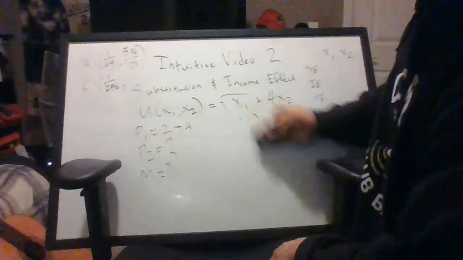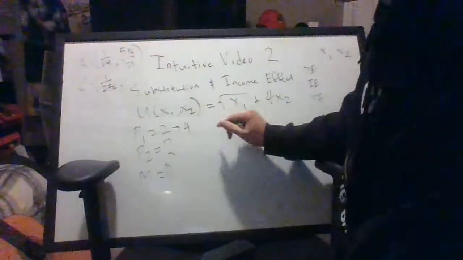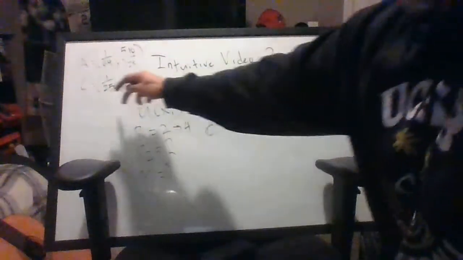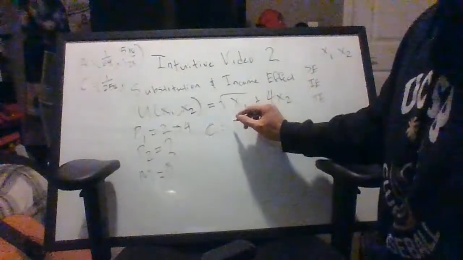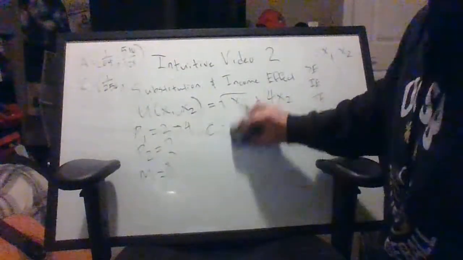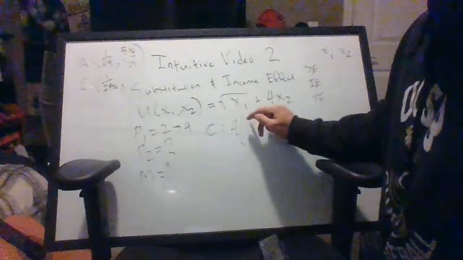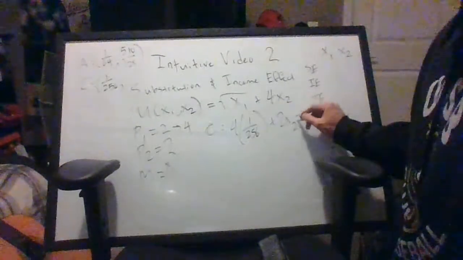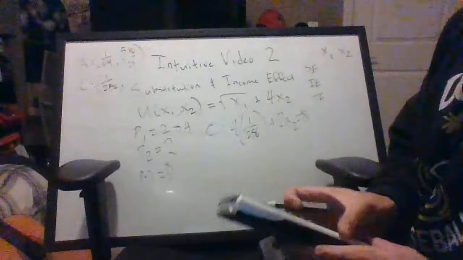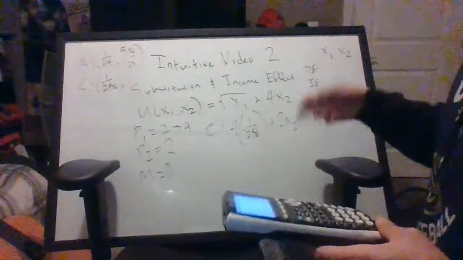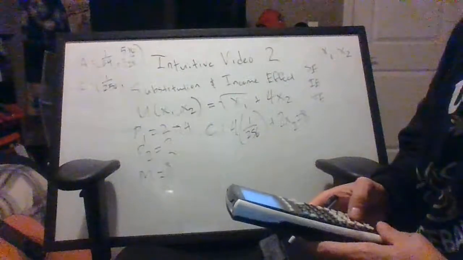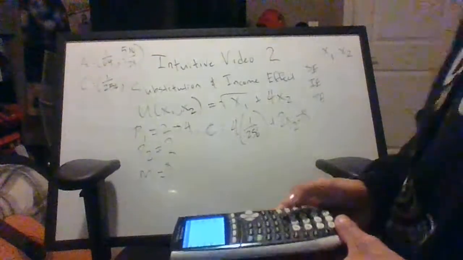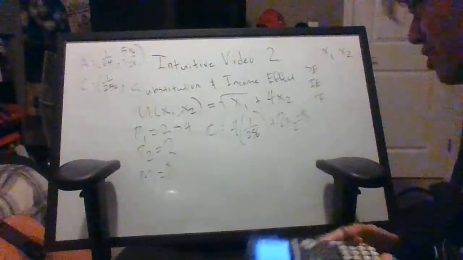So let's try to catch up. Let's go back to point C. C, yeah, here we go. At C, we have 1 over 256. That's our value for x1. We know that our price, whoops, is 4 times 1 over 256 plus 2x2 equals 8, okay? Now I want to get 256 in my denominator, so 8 times 256, and Jesus, this is getting to be kind of ridiculous fractions, so I apologize.